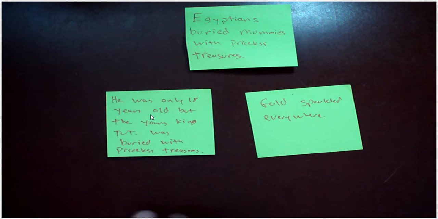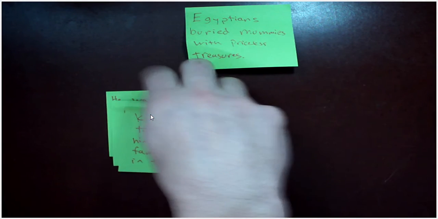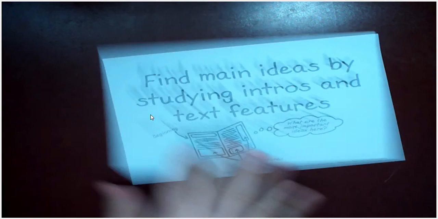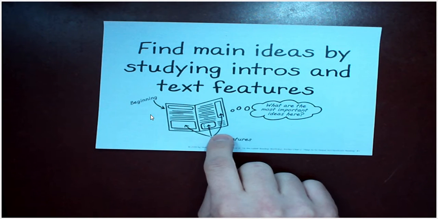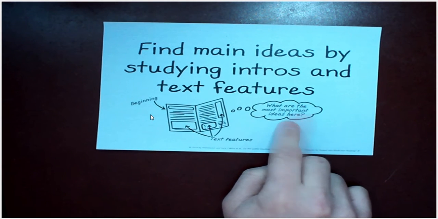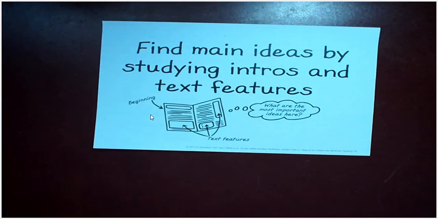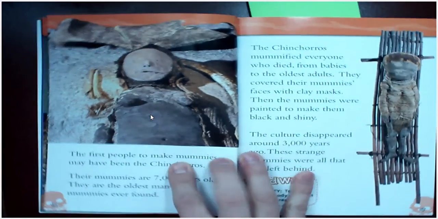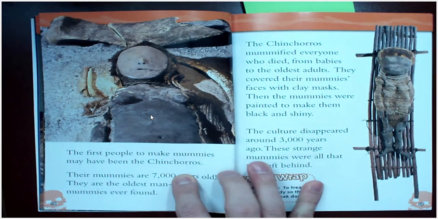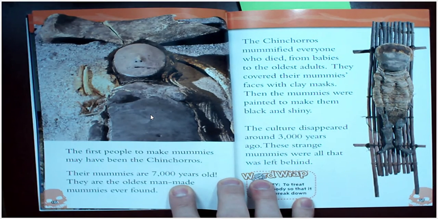But what if you're having a difficult time determining the main idea? Yesterday, as a quick review, we said finding main ideas by studying intros and text features. And we studied the beginning, and we studied those different text features, and we asked, what are the most important ideas here? So one other thing that you could do, and I go back to our Chinchorros, is to look for a topic sentence.